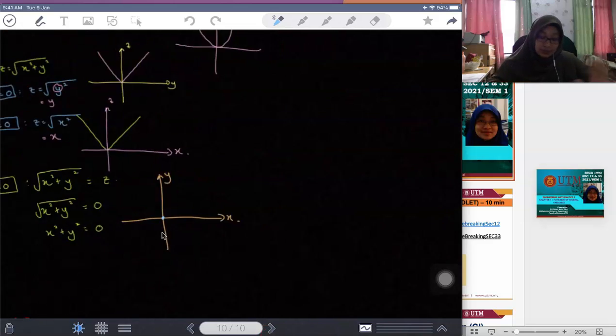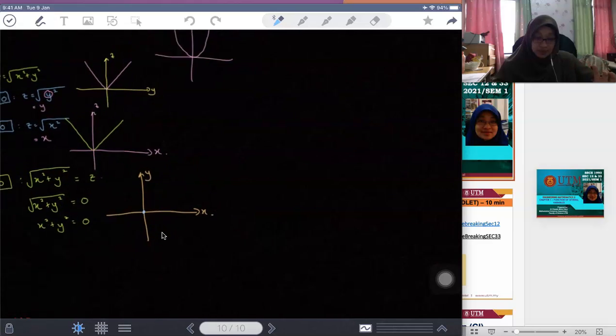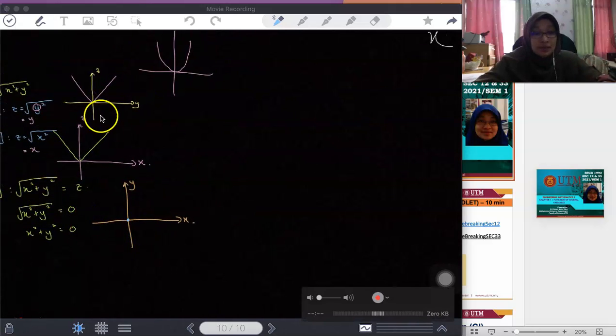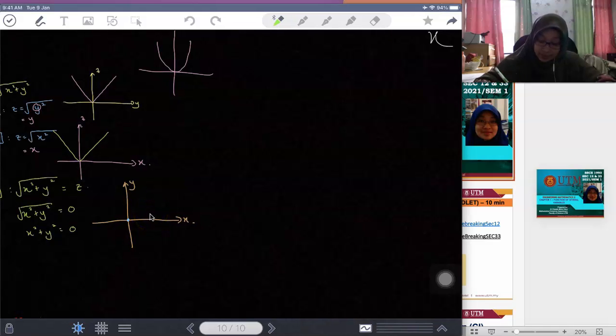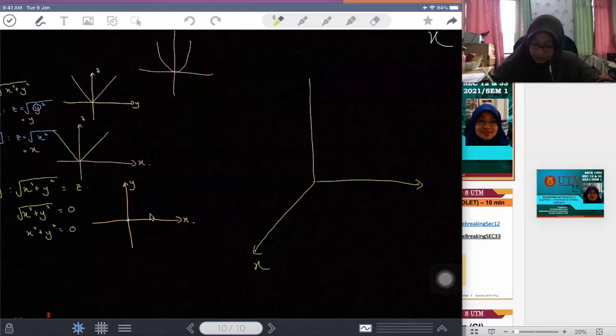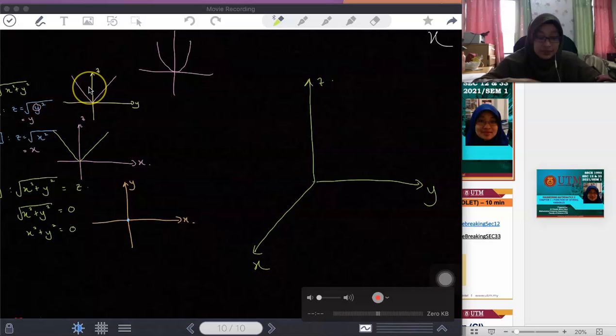Okay, now before we proceed with the level curve, let's combine all the three traces on a 3D system. So I'm using the common orientation, the regular Y and this Z. Now the first trace.